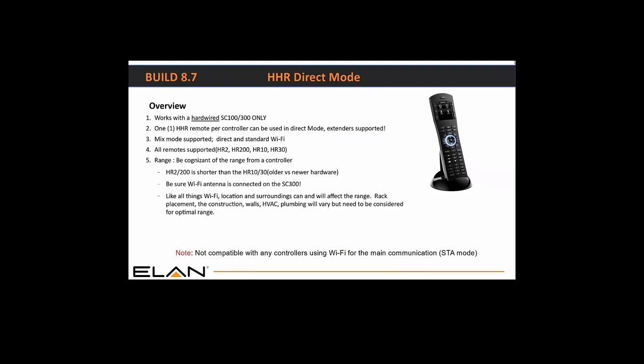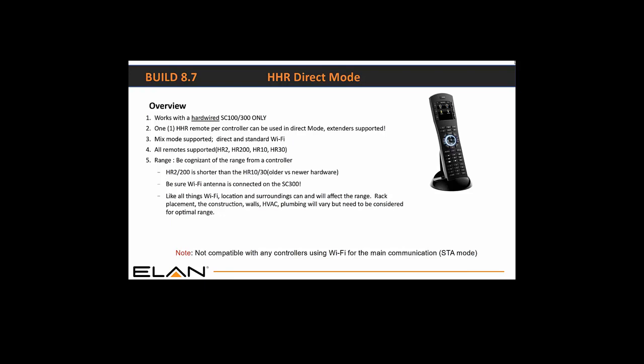In that case, the HHR would talk directly to the controller that's in that room. Mixed mode is supported, so one HHR might be direct, the one that's closest to the controller, and the other ones would certainly be regular Wi-Fi. All the remotes are supported since they talk the same exact way: HR2s, HR200s, HR10s, HR30s.